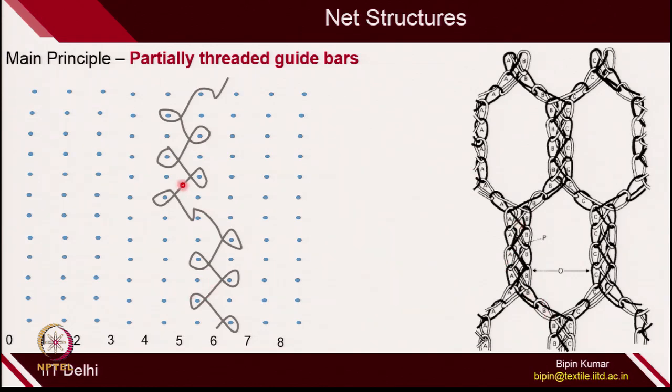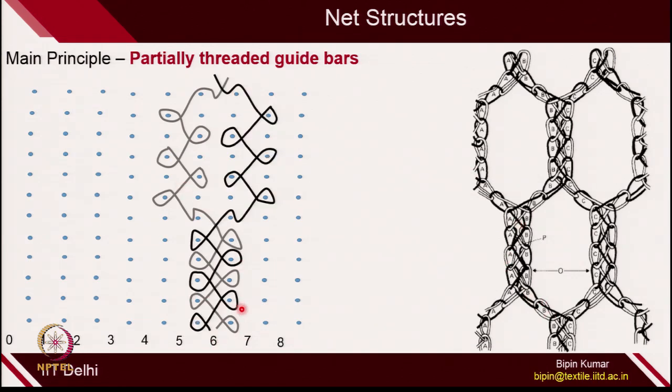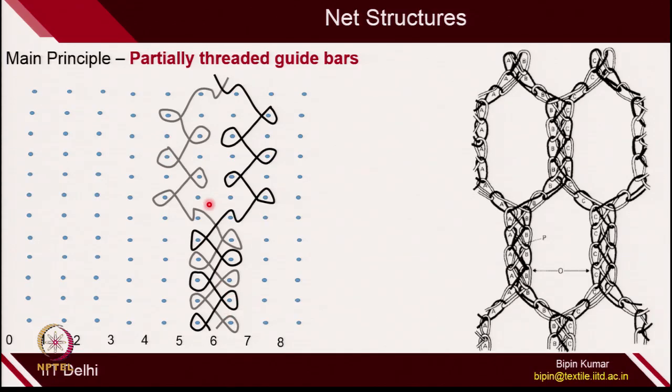This is shown for the white yarn. If you follow the black yarn, it is also doing tricot and then switching to the next column. This is done by the yarns attached at the 6th position. The guides at the 6th position are doing this type of lapping movement.